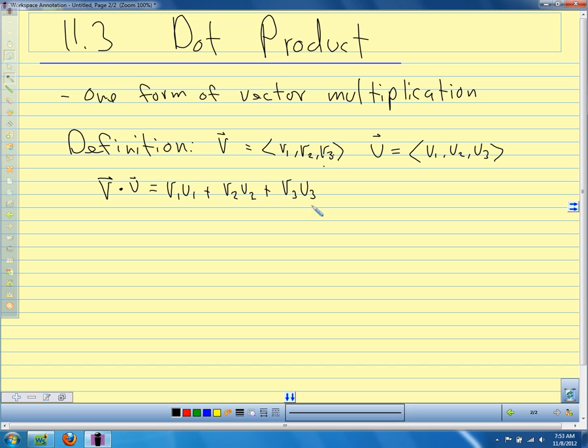And if we have a vector in the plane, then we just have one less component here, and one less term here.